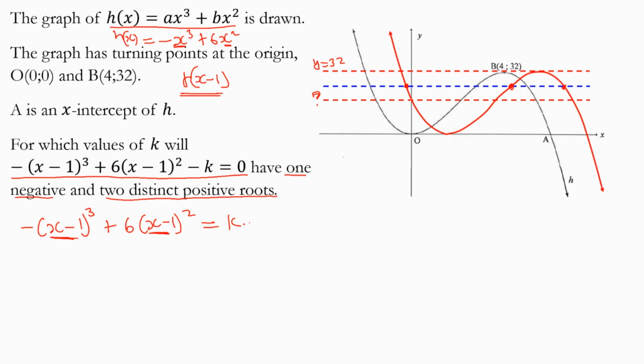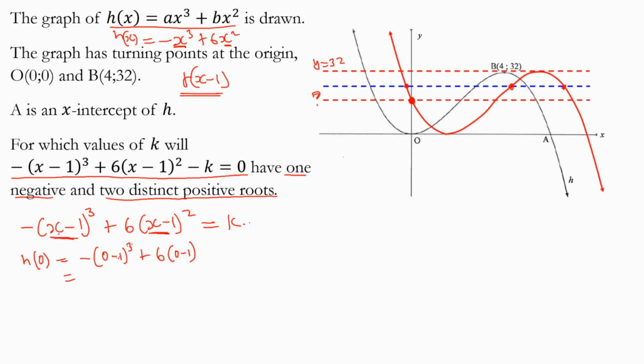At this point here, x is equal to 0 along the y-axis. So where there's x, we put 0 into the equation. We say h of 0 is equal to negative (0 minus 1) cubed plus 6(0 minus 1) squared.